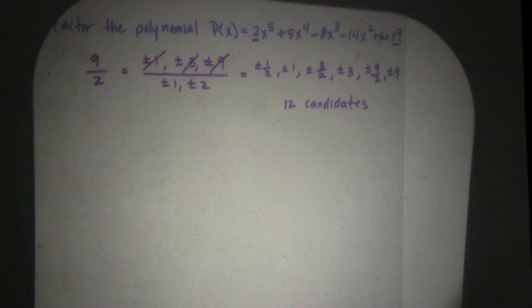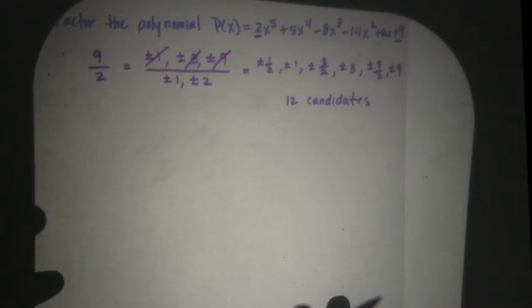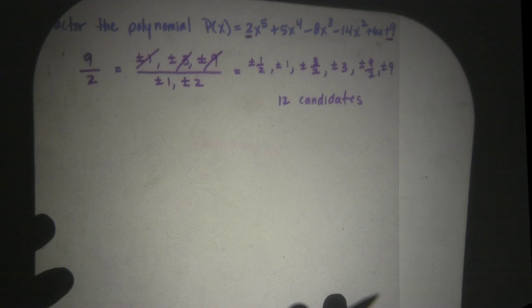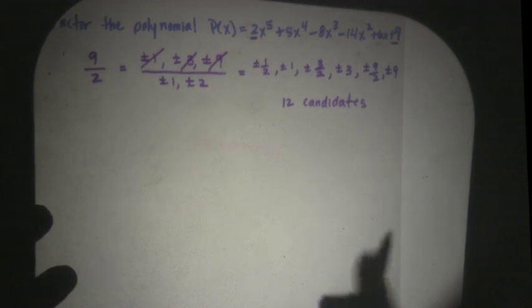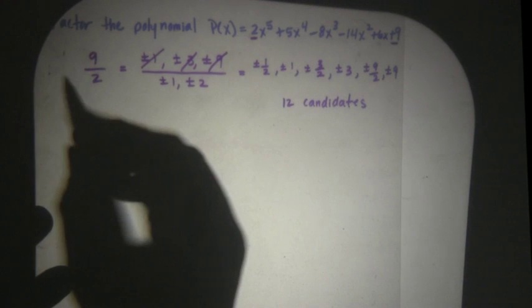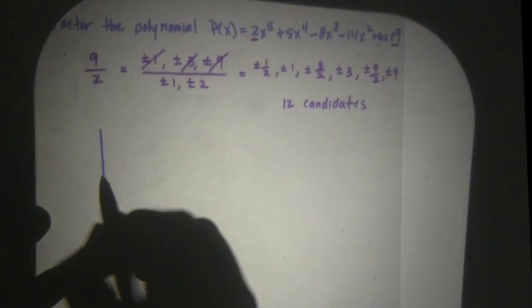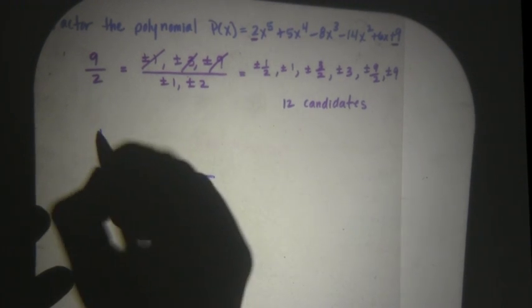Start with positives and start with the smallest number. That's why it's helpful to have the list in order. So you start with the smallest ones because generally the zeros will be the smaller values. We hardly ever have to get all the way down to the larger values, and those are harder to work with anyway.